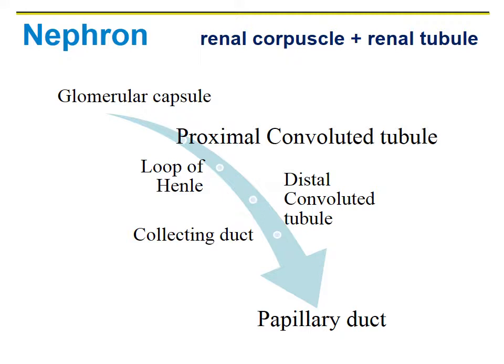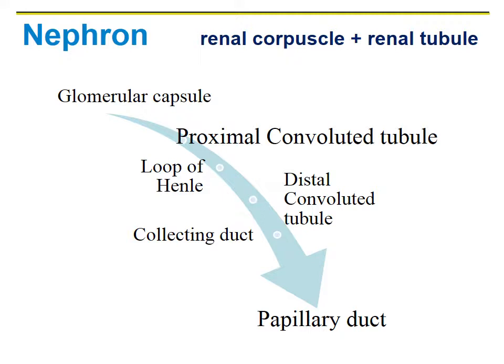Attached to the glomerular capsule, it is a long tube that has specialized structure and function along the way. In order from the glomerular capsule, the renal tubule consists of the proximal convoluted tubule, loop of Henle, distal convoluted tubule.